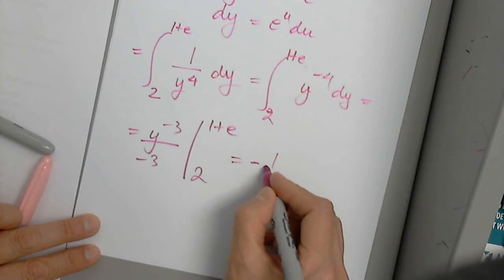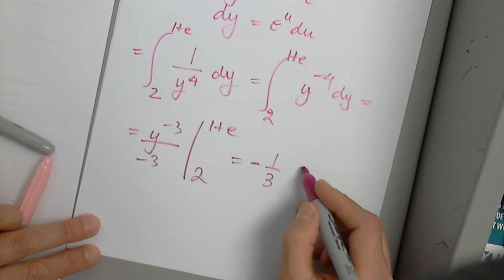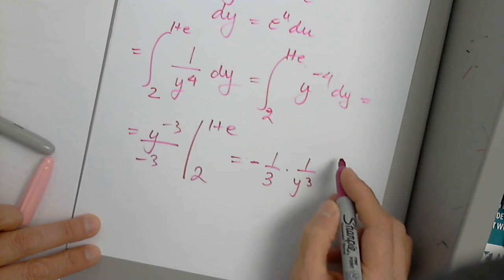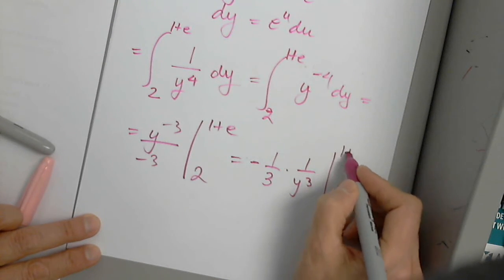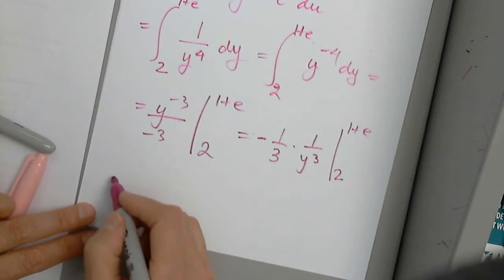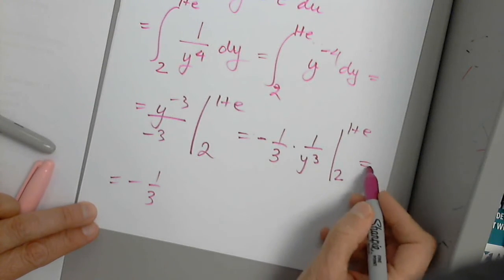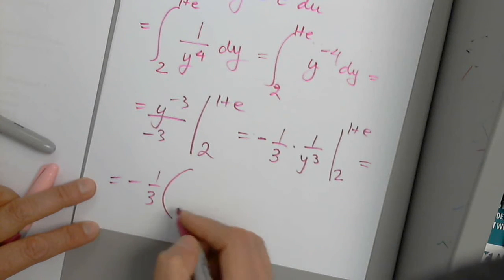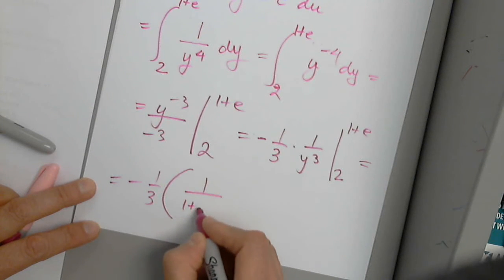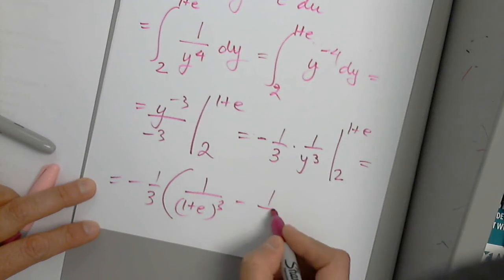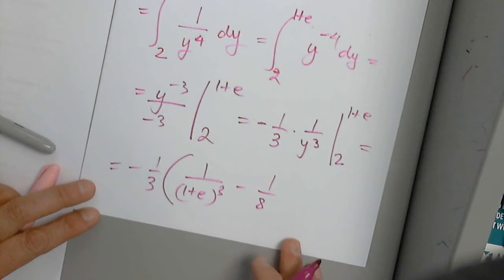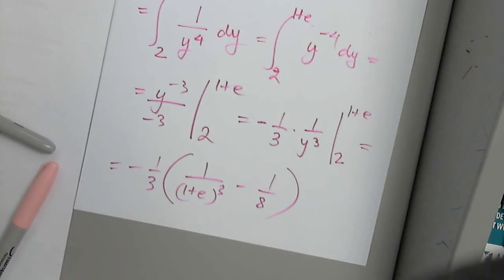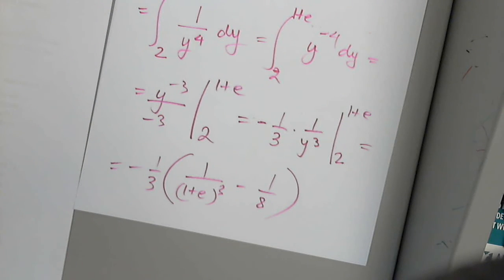I would rewrite it as negative 1/3 times 1 over y cubed from 2 to 1 plus e. Of course, I will keep negative 1/3 waiting. I will plug in 1 plus e and subtract when I plug in 2, which is 1 over 8. And I will not do anything else. You can distribute if you want to, but it's not going to make a difference.